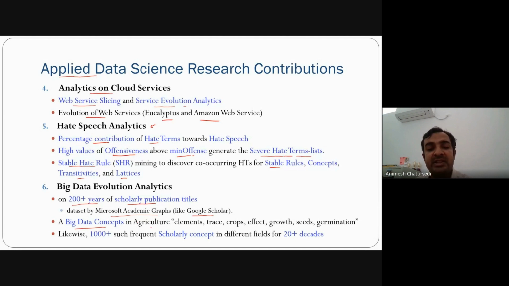For example, the agriculture field has some of the most frequently worked concepts, such as element trace, crop effect, growth, seed, germination. There are 1,000-plus such frequently worked scholarly concepts over the 20 decades, meaning 200 years.